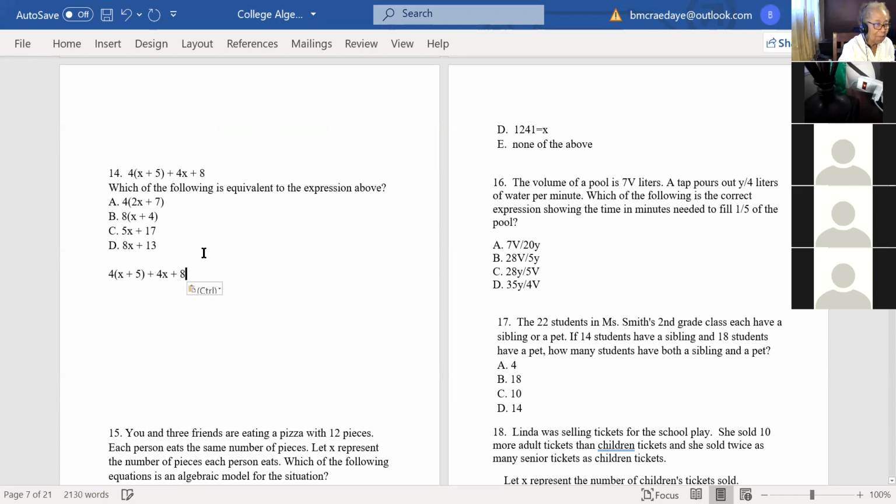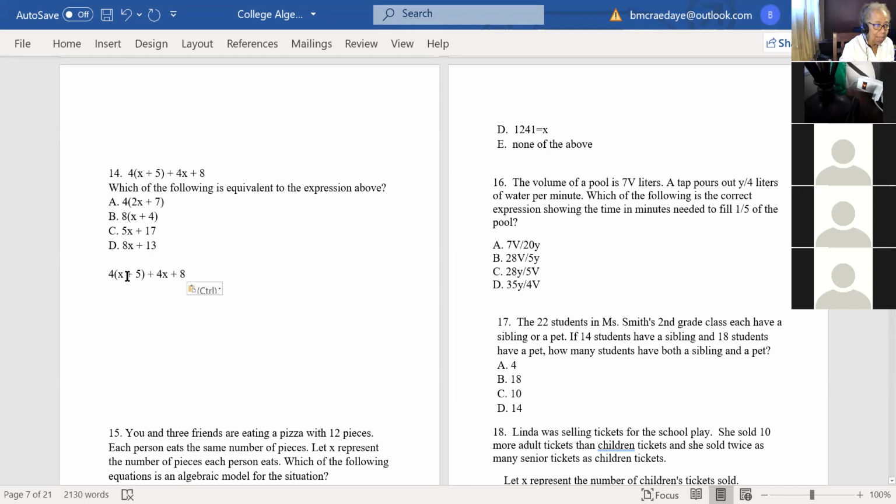Okay. Well, first you're going to multiply 4 times x plus 5, right? So if you do that, what do you get? What's 4 times x plus 5? 4x. What do you get, Chastity, when you multiply 4 times what's in parentheses?